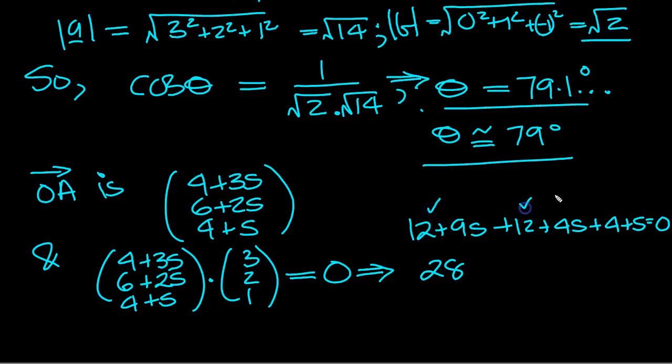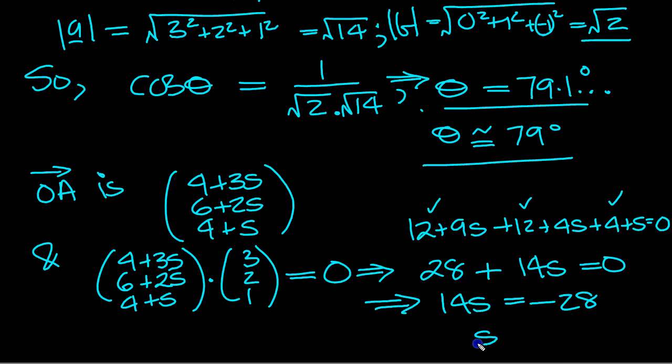Sorry, the s terms: 9s plus 4s plus s is 14s. So 14s plus 28 equals 0. So 14s equals minus 28, move the 14 from times to divide, and we get s equals minus 2.